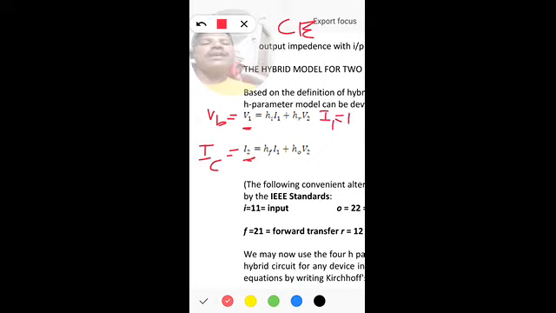I1 is IB, and V2 is VC. So we substitute I1, I2, V1, V2 by the input and output voltages and currents of a CE configuration.